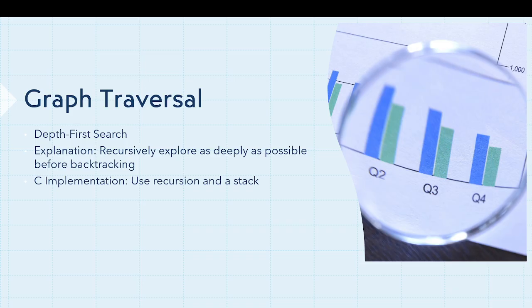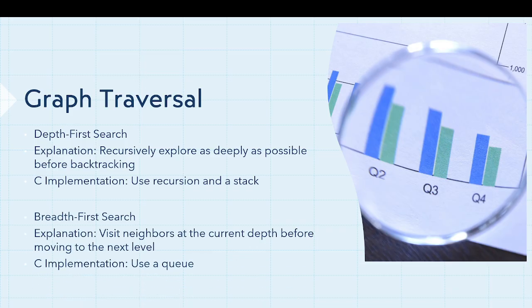The algorithm starts as follows. The second technique is the breadth first search algorithm, which visits the neighbors at the current depth before moving to the next level. The implementation uses a queue. So, this is the first difference between the depth first and the breadth first search algorithm.